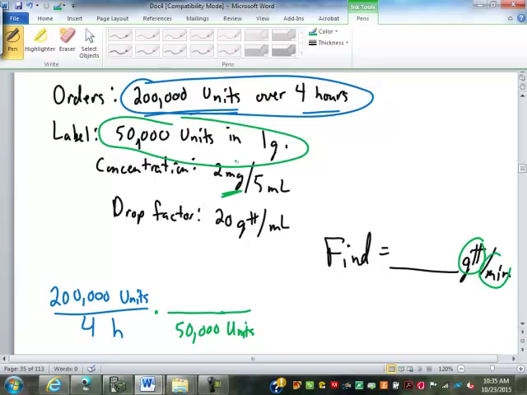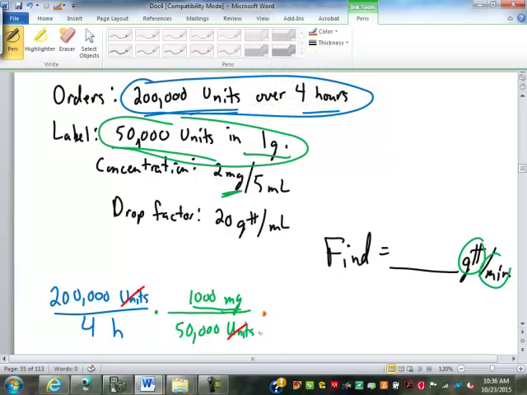So if I wanted to save some time, instead of putting 1 gram here, I could put in 1,000 milligrams. That'll save me 1 step in my conversion. So 50,000 units in 1 gram is the same as saying 50,000 units in 1,000 milligrams. So now the units cancel out for us.